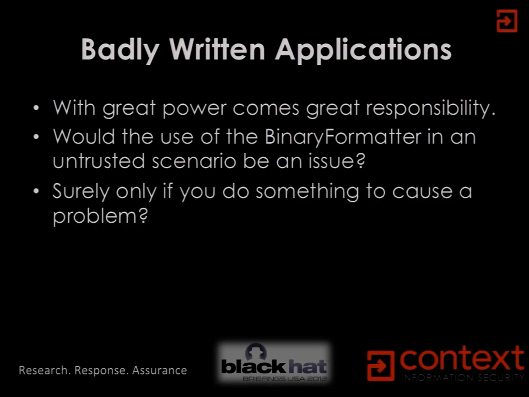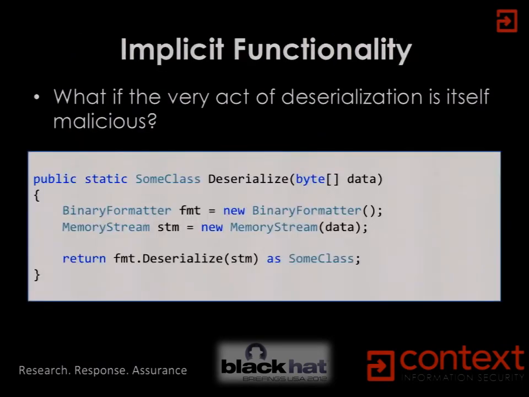But surely, the only time that's ever going to be a problem is when you get your object back and your badly written code does something stupid with that resulting object. But it turns out that's not necessarily going to be the case. The framework potentially has mechanisms whereby code will execute during the process of deserialization.